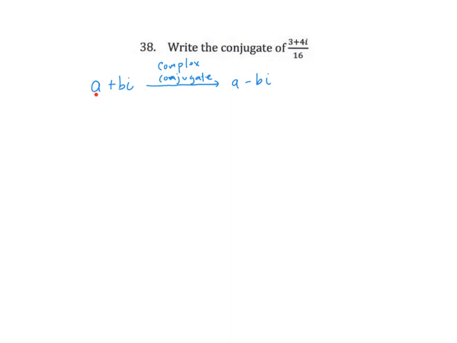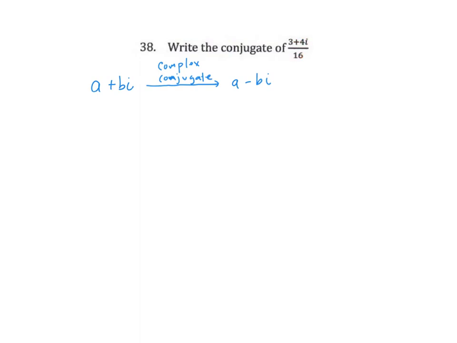Okay, so here's the real part and here's the imaginary part. The real part you keep the same, and then the imaginary part you just change the sign of. You could just change the sign of that, and that would be a negative, because here's the imaginary part.